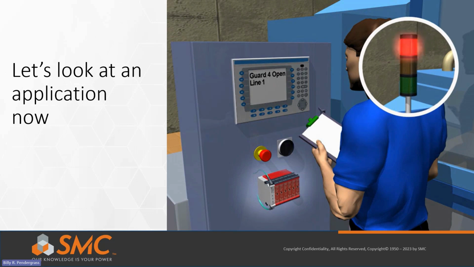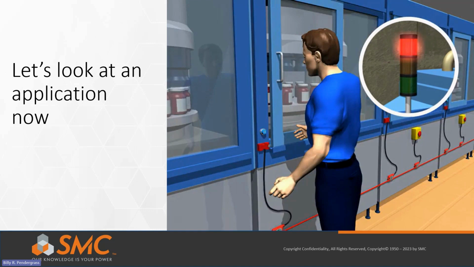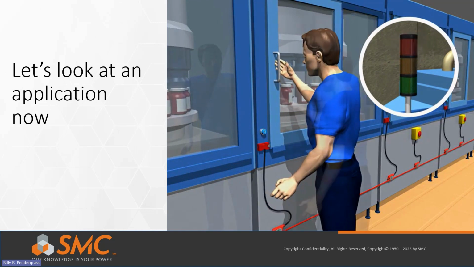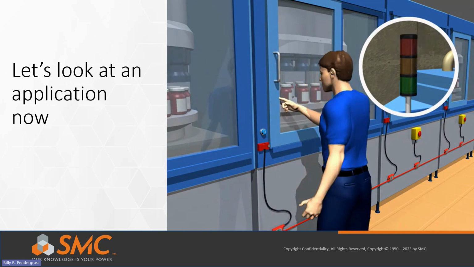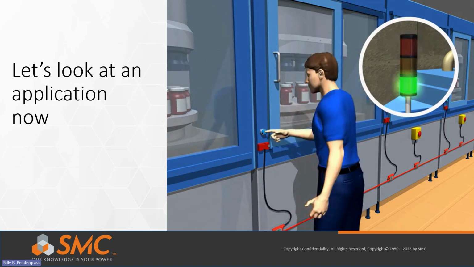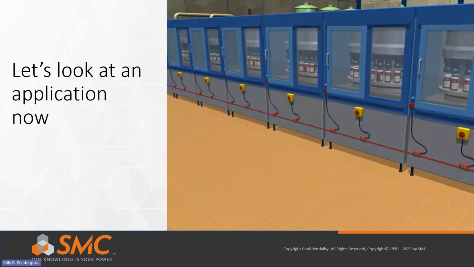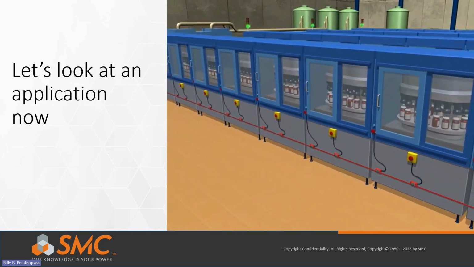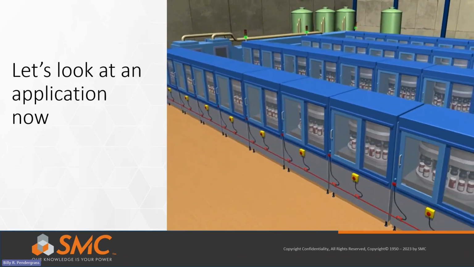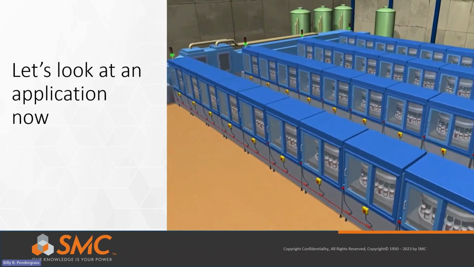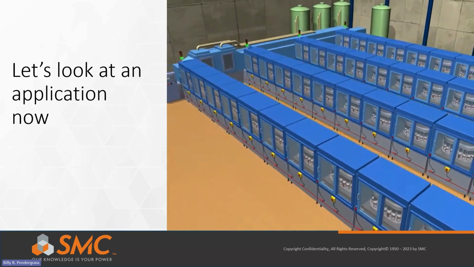Locally, the operator receives notification that there is a fault and will know exactly where it is located, so that he can correct it himself in the event of a minor issue, as shown here, or contact maintenance personnel for more serious faults. Ultimately, GuardLink not only minimizes downtime by communicating real-time diagnostics, but does so while significantly reducing wiring.